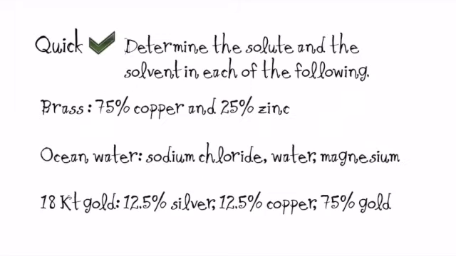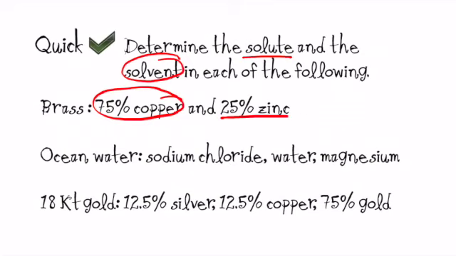Quick check. Determine the solute and solvent in each of the following. So I'm going to underline the solute and circle the solvent. So the solvent is what you have the most of. So copper and brass and zinc would be the solute. Ocean water.